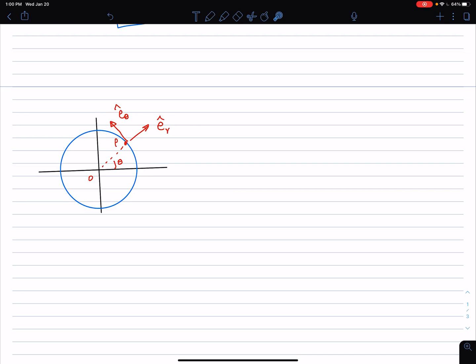So these are unit vectors. E r is sometimes called the radial unit vector.